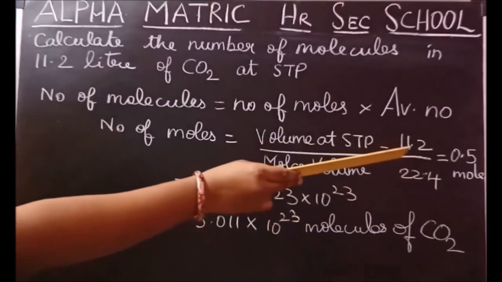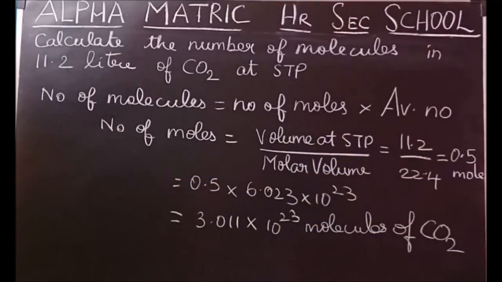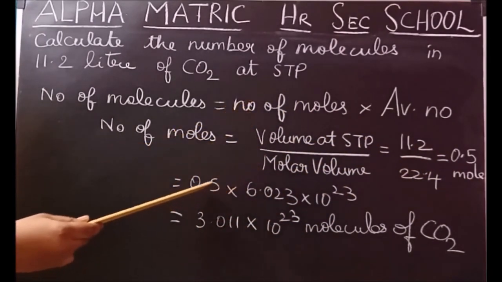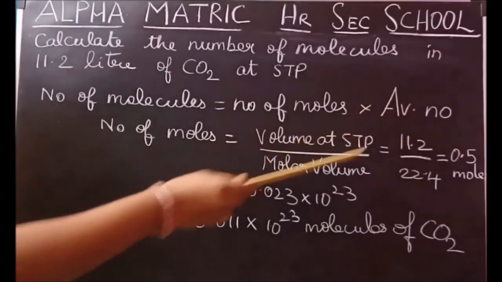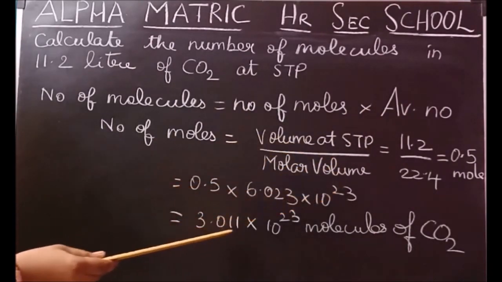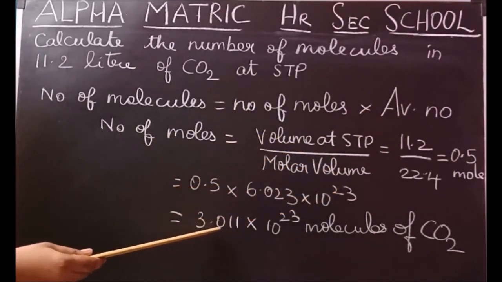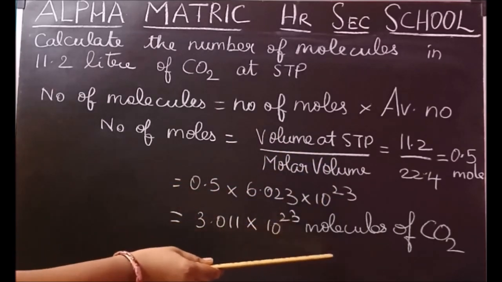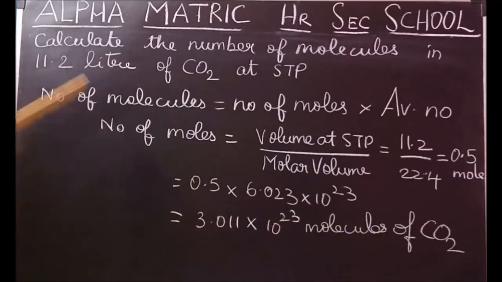If you calculate this, you get mole value 0.5. Now substitute this mole in this formula. 0.5 into Avogadro number. If you solve this, finally you get the answer 3.011 into 10 power 23 molecules of carbon dioxide present in 11.2 liter of carbon dioxide.